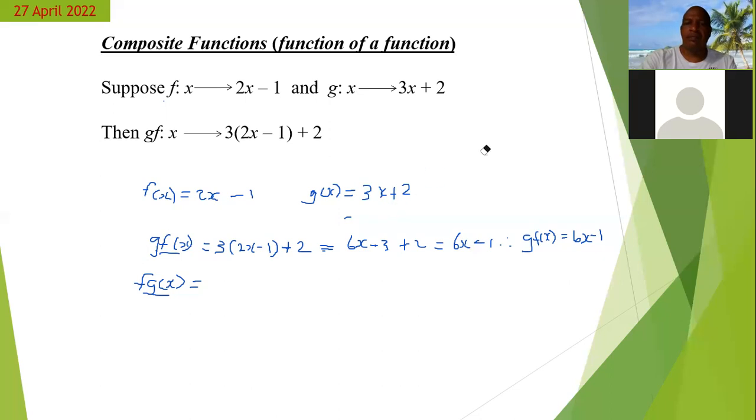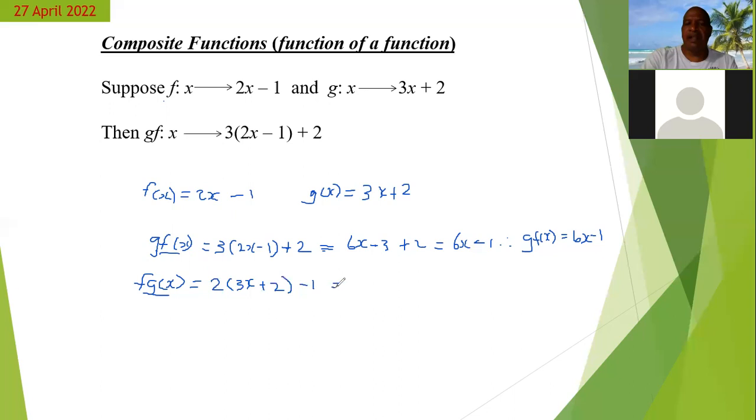So you're going to write 2, open bracket, 3x plus 2, close bracket, minus 1. All right, 2 open brackets 3x plus 2 close brackets, and then we have minus 1.